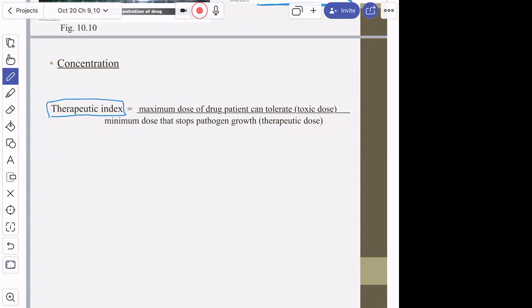There are different ways to express this, but that takes the maximum dose of drug that the patient can tolerate, also called the toxic dose, and compares that to the minimum dose that's going to work against your pathogen. So we call that the therapeutic dose. Okay, so a toxic dose is not necessarily what would kill a patient, but it's the dose at which the side effects become unacceptable.